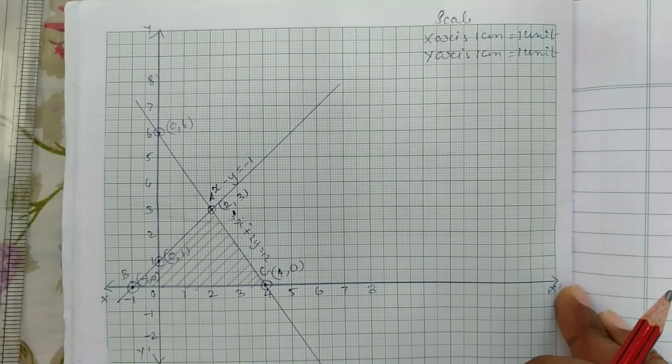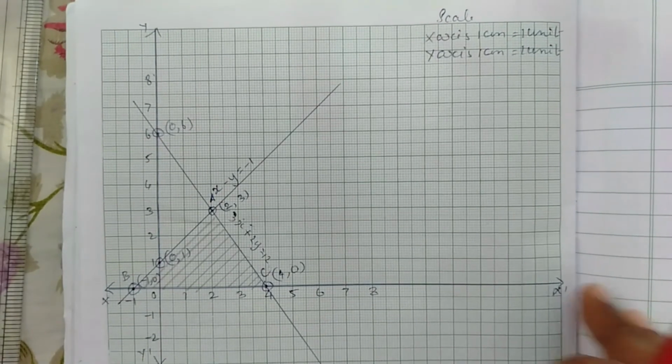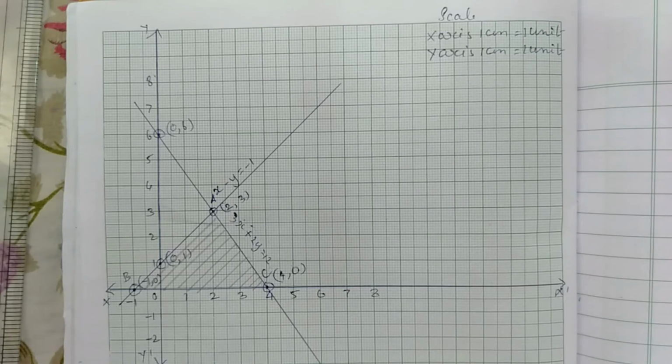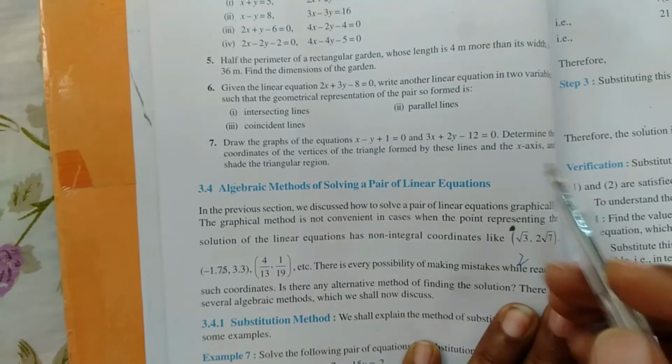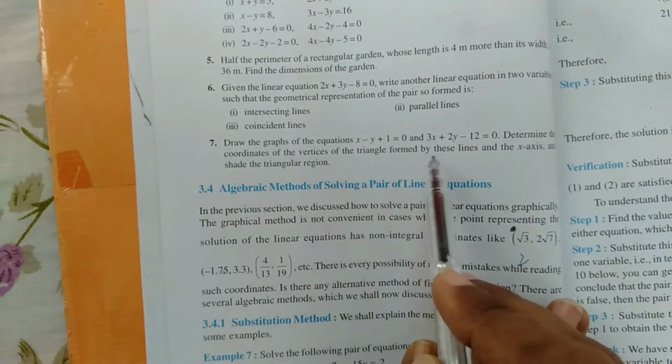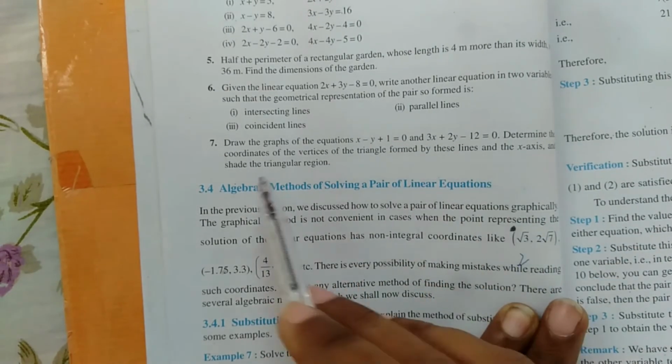This is the triangle. Now let's write the conclusion in the answer. They have asked us to determine the coordinates for the vertices of the triangle and shade the triangular region. We have shaded it. Now let's write the coordinates in the answer.